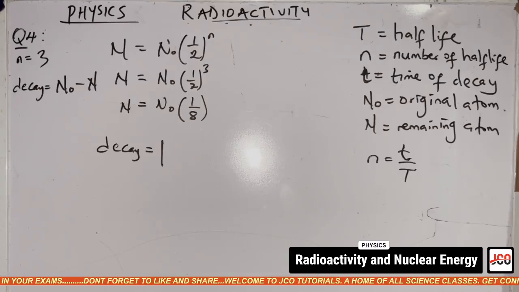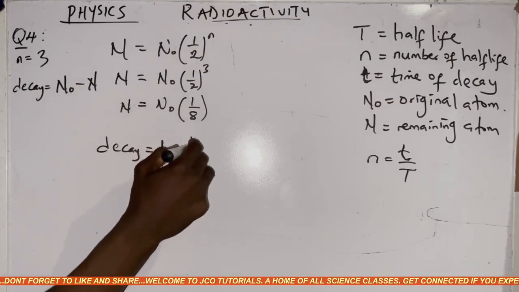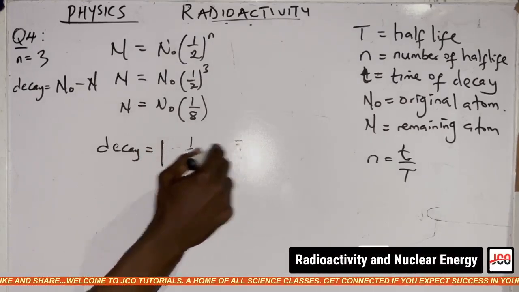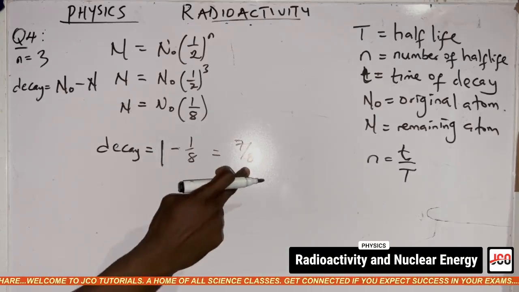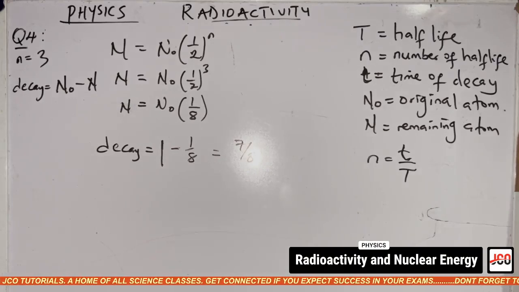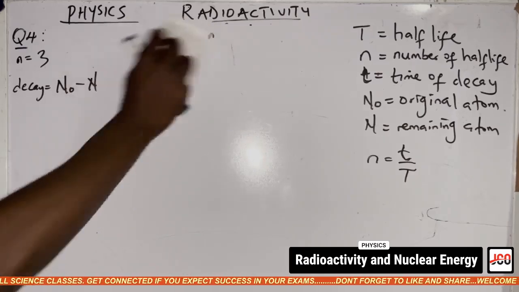Then 1 over 8 is what remains from the question. So I'll subtract it, and now we have 7 over 8. The fraction of the original that has decayed is 7 over 8. Write down quickly. We're going to the next question that was given to you.